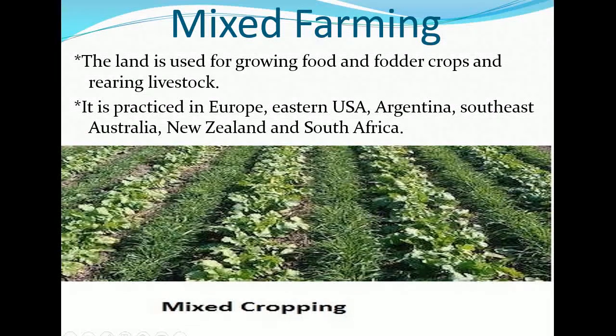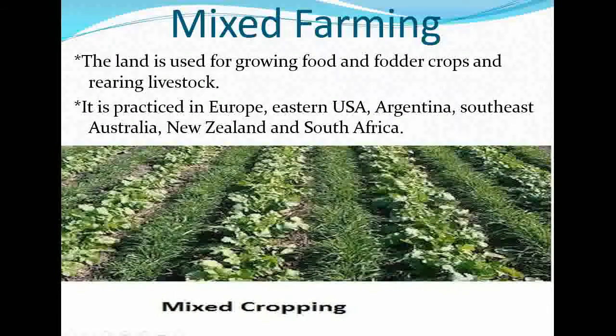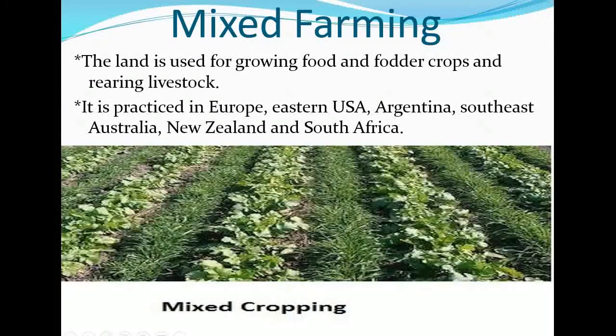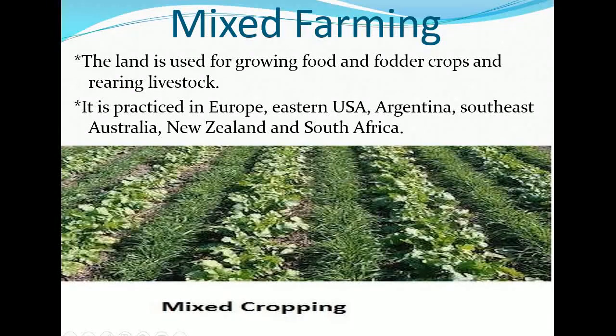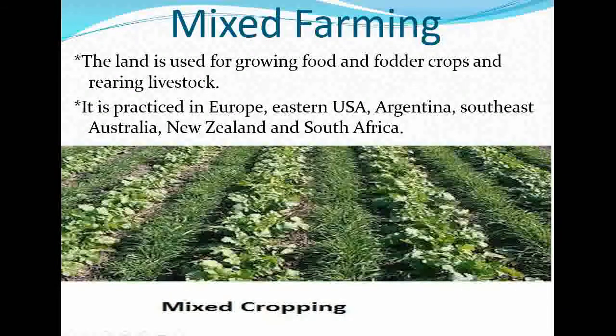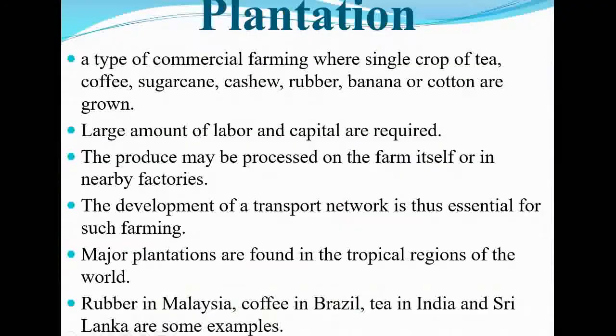Mixed farming. The land is used for growing food and fodder crops for rearing livestock. It is practiced in Europe, Eastern USA, Argentina, Southeast Australia, New Zealand, and South Africa. Here, the farmer is able to get food for himself as well as fodder crops for the livestock.